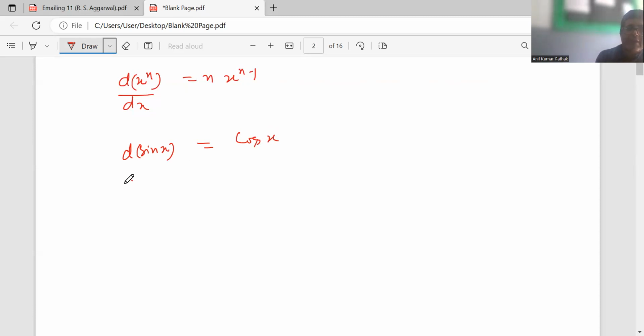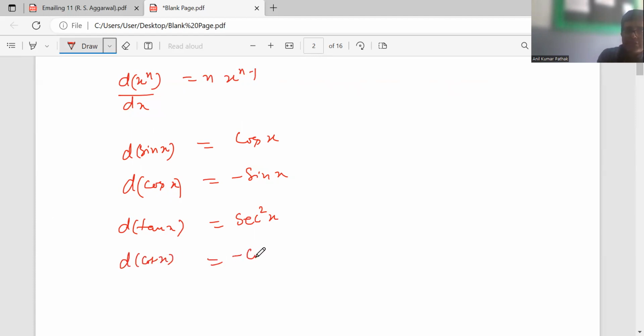Similarly, if you find d cos x, it will be minus sin x. Similarly, if you find d tan x, it will be sec square x. If you take d cot x, then you will get minus cosec square x.